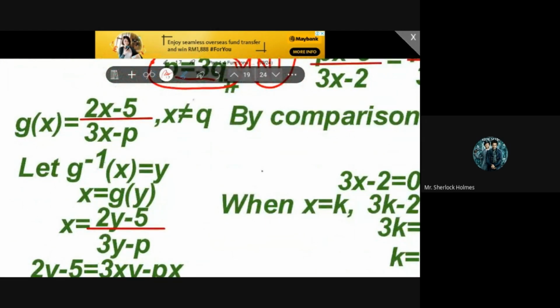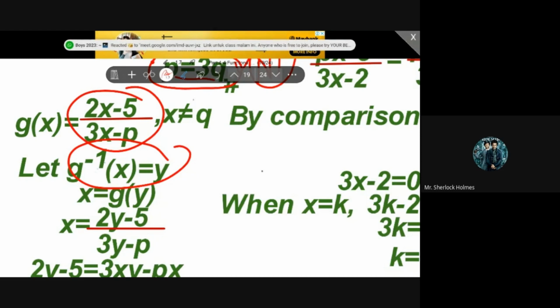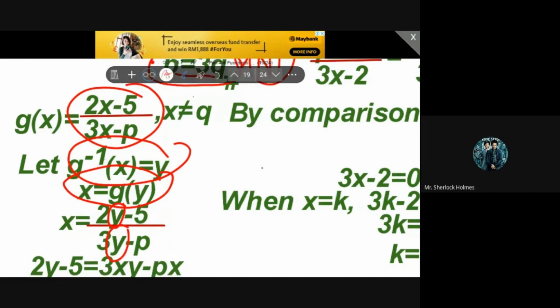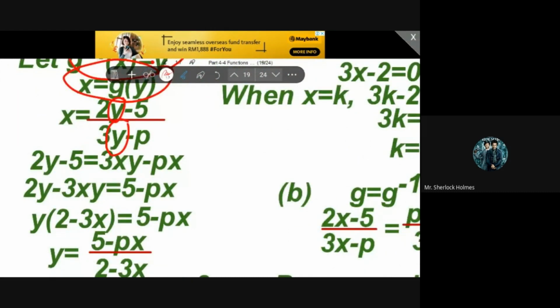So Gx is equals to this, right? The question already give you. So how you do inverse function? Same steps. When you get this, you must let G inverse X equals to Y. So X equals to Gy. And then you will substitute all the X terms with Y, because Y dah jadi object kamu. Y becomes your object under function G. So you will find Y in terms of X here.